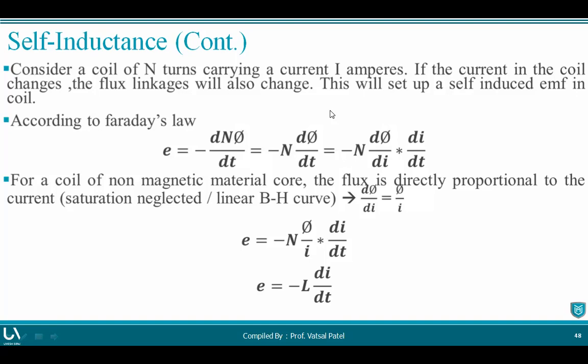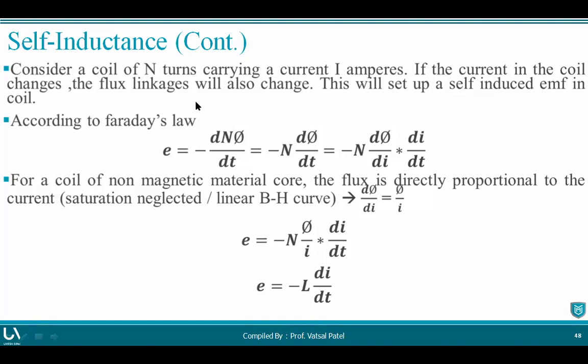So this is what we have from our previous diagram: whatever coil we have of n number of turns will carry I current inside it. If the current in the coil is changed, the flux linkages also will change, and this will set up a self-induced EMF in the coil.